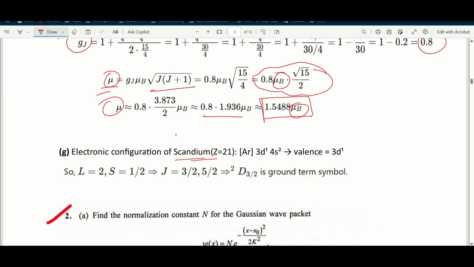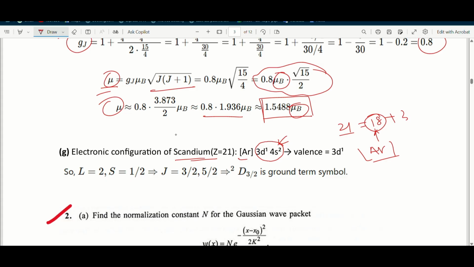If we focus on the outer orbit, then scandium is 21, that is 18 plus 3, where 18 corresponds to argon, the noble gas.